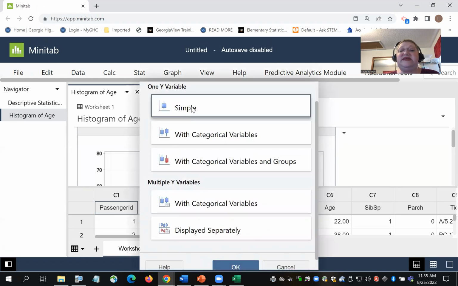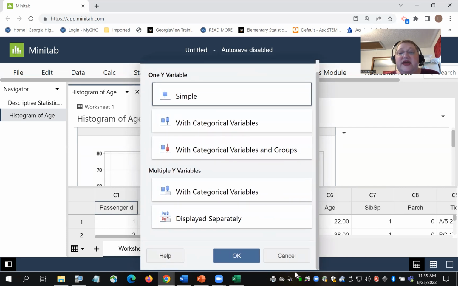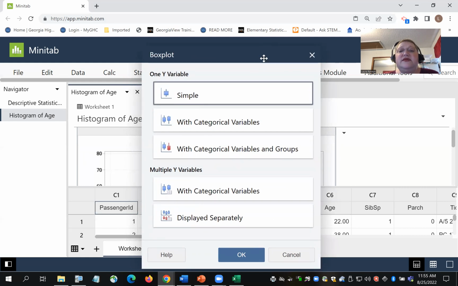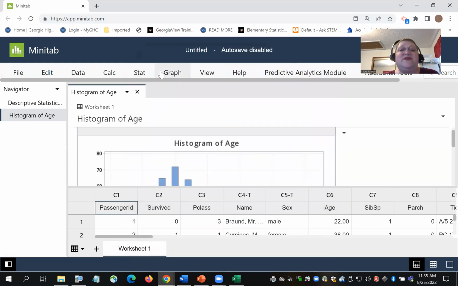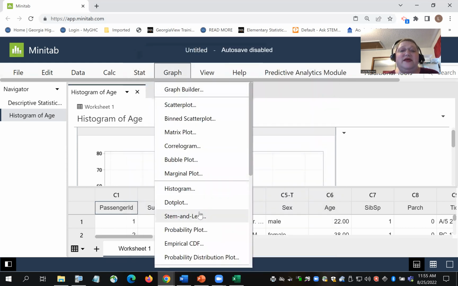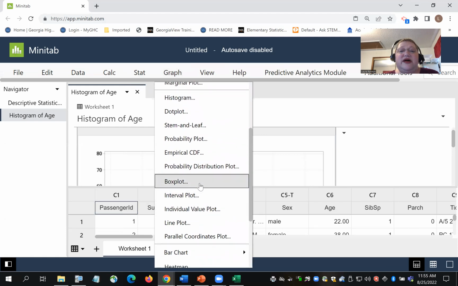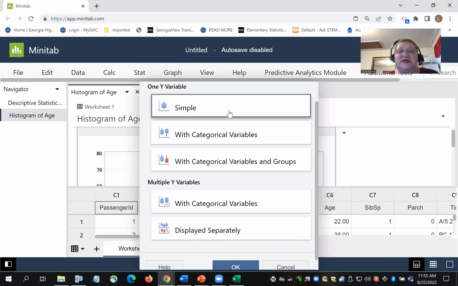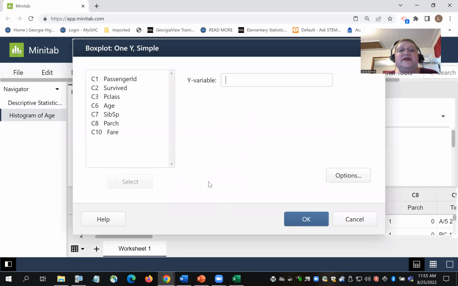Again, we keep it simple. Let me see if I can get to my okay box. Graph, box plot, keep it simple. There's my okay.